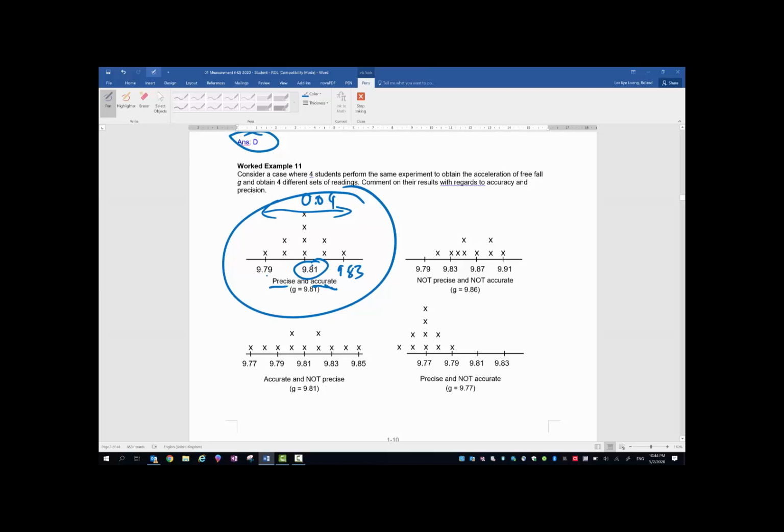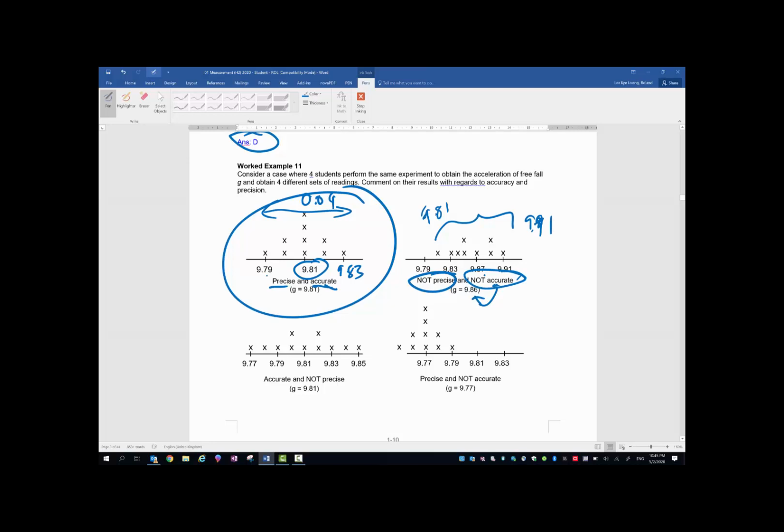Okay. So if you look at this one, the mean is 9.86, so it's not accurate, and the spread is large because it's from maybe 9.81 to 9.91. So relatively, it's a large spread, so it is not precise, and the mean is not 9.81, so it's not accurate.